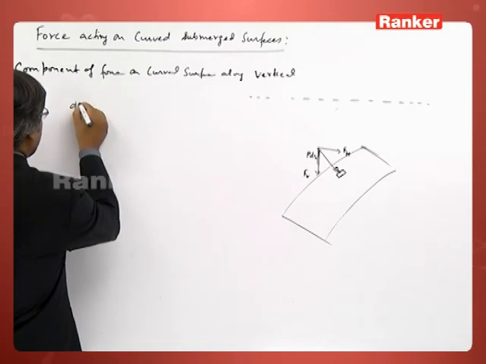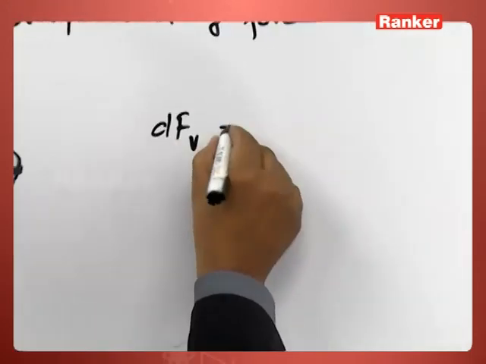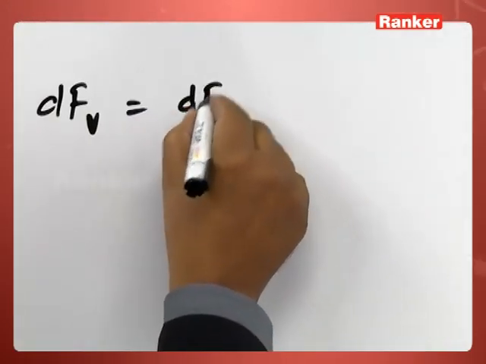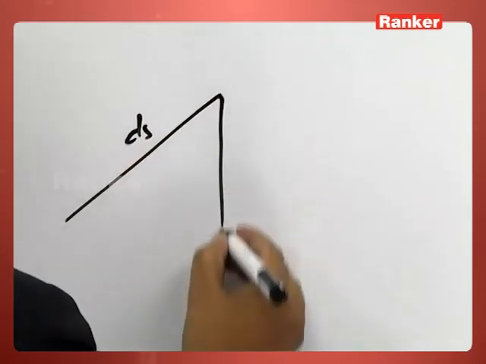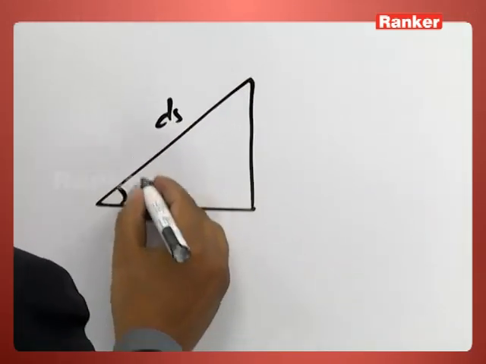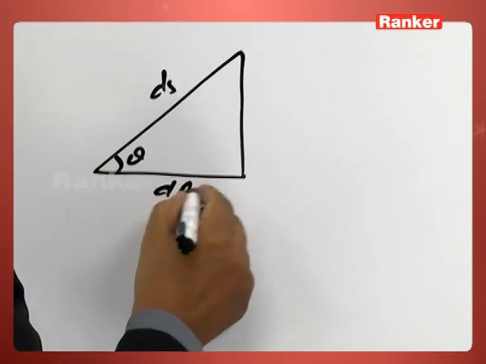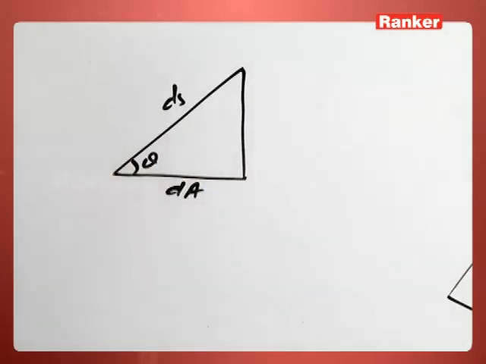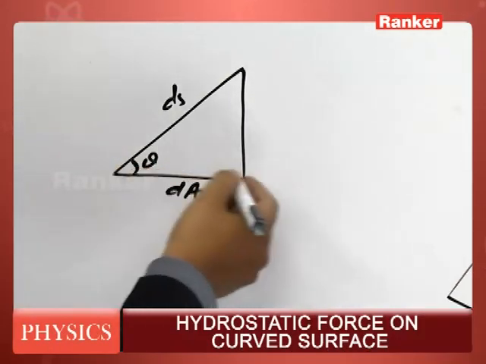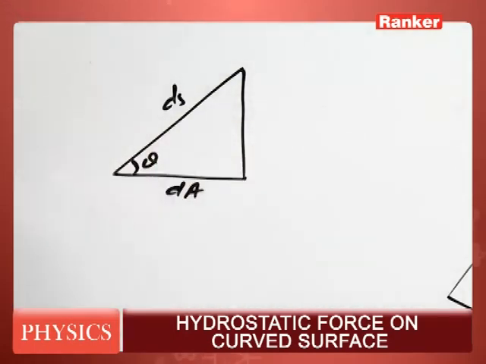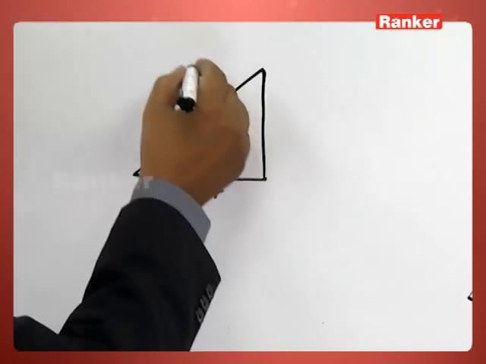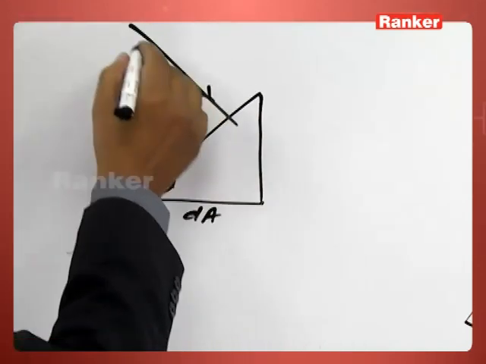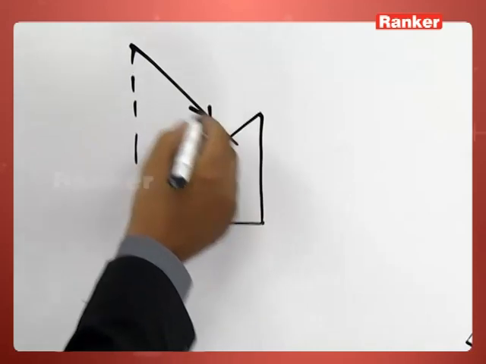So dF along the vertical is equal to dF times the angle. Now you see, just see this area ds, and this angle theta. So this is the area dA we are talking about, dA along x. So this is the projection on this horizontal plane, and suppose we have a pressure like this. So this pressure force is like this. So we need this angle.